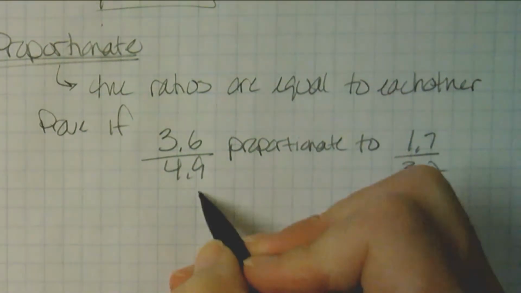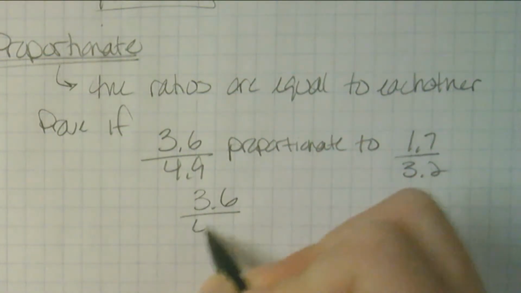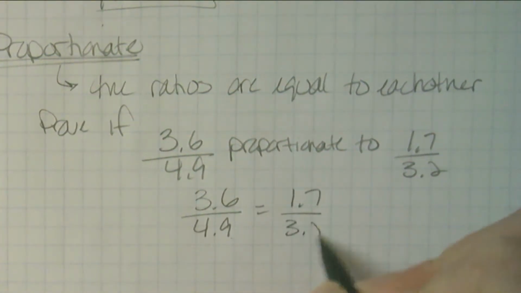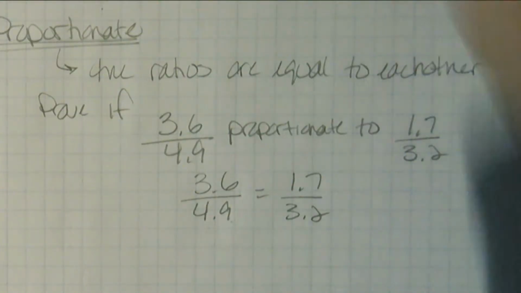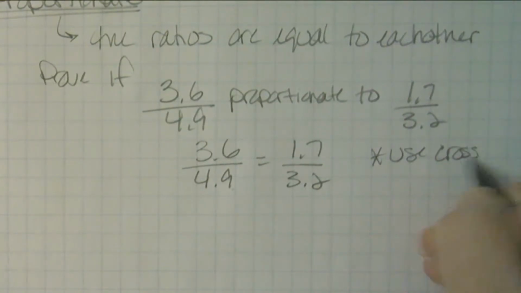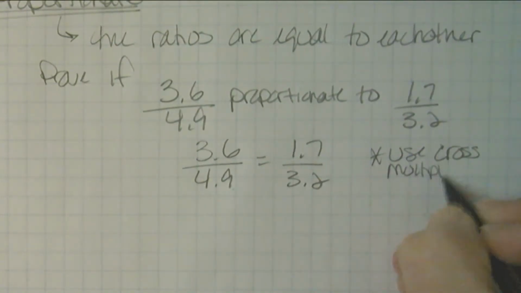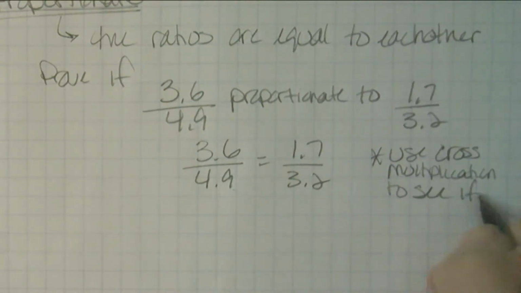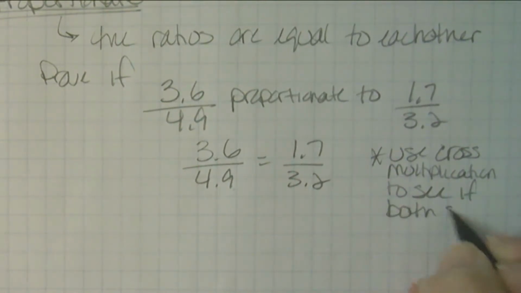So what you're going to do is set them up in a proportion, and then we're going to use cross multiplication to see if both sides are equal to each other.